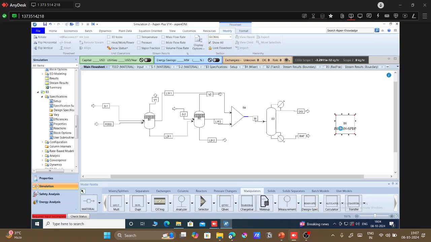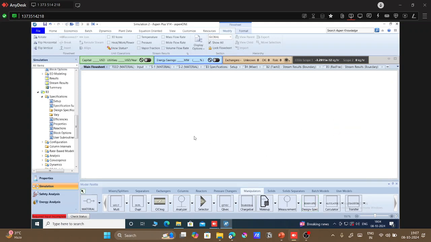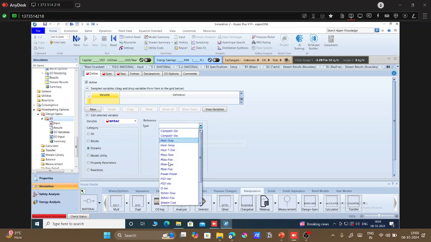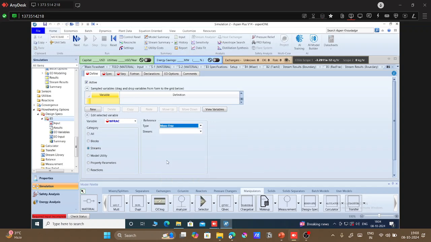And in the design specification block, let's add the variable. So variable is water fraction, okay, that is stream variable, and we want to see the mass fraction of second stream coming out of the flash 2, that too we want to look for the water.